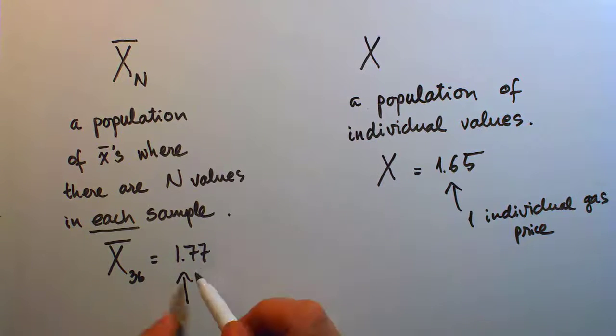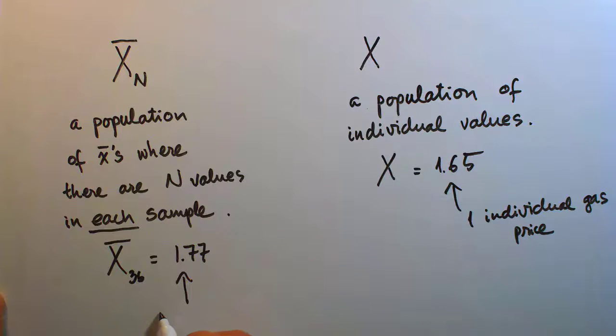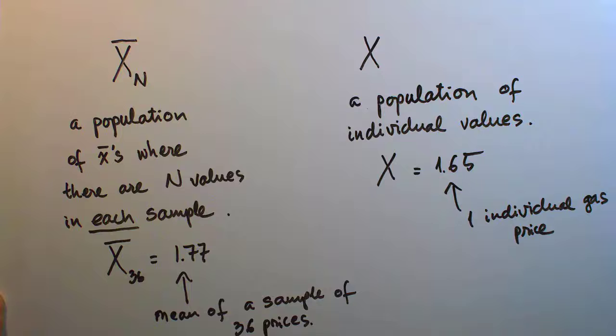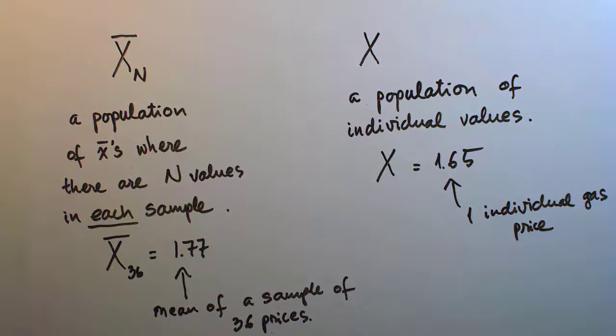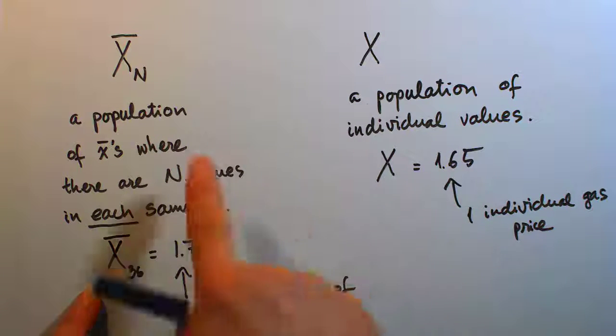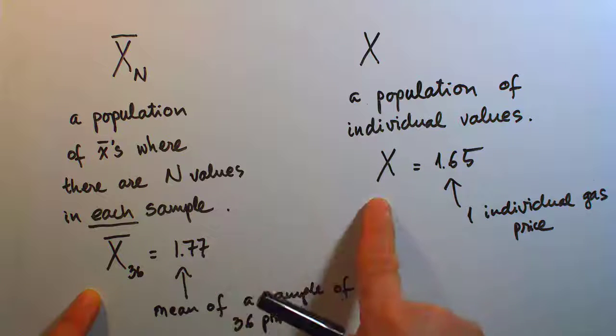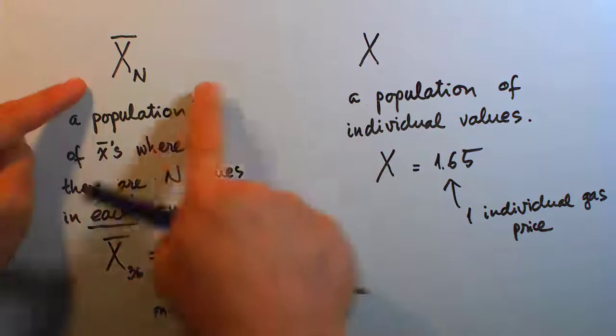So this one value is not a single gas price, but a mean, the mean of a sample of 36 prices. So that's the major difference between these two random variables, and they are two different populations as well.